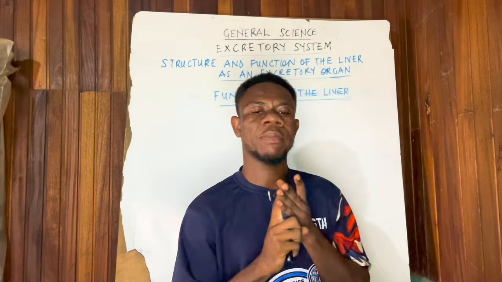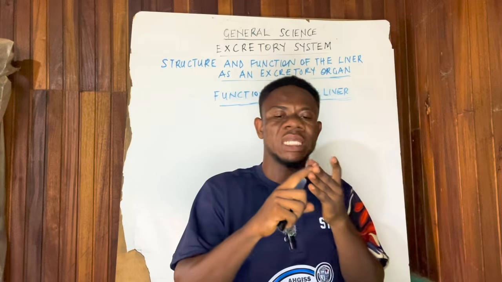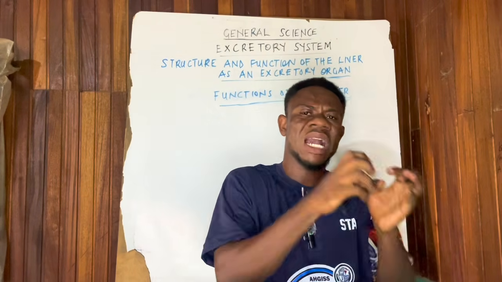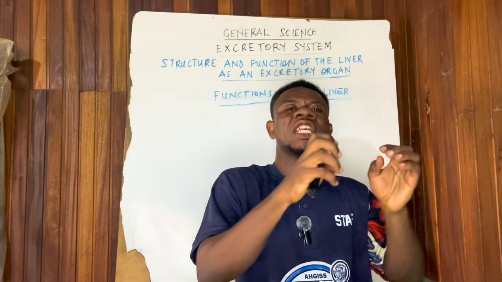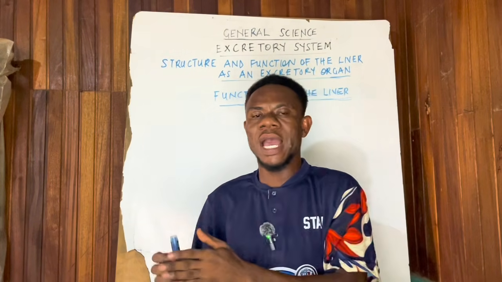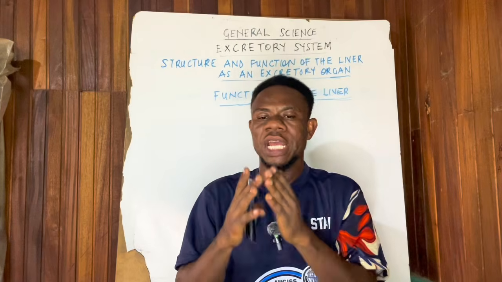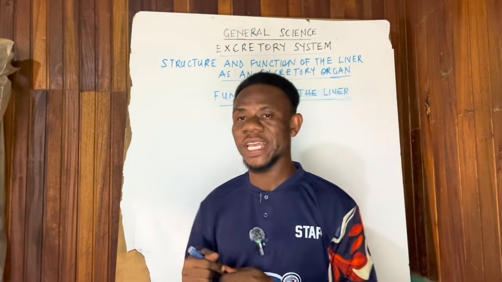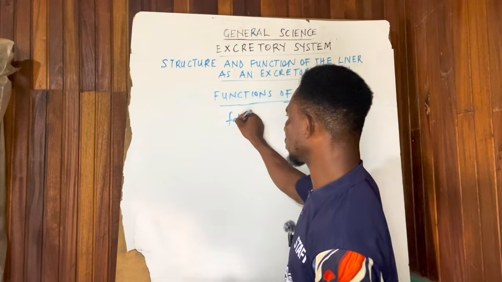The function of the bile is to help break down fat in the small intestines, carry away waste products from the liver, and aid in digestion and absorption of fats.